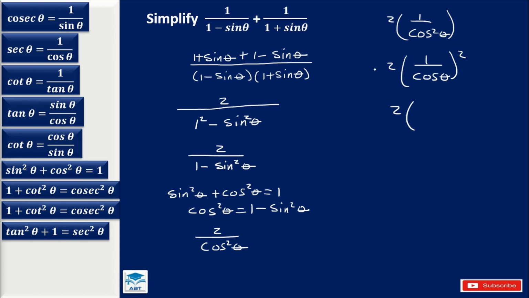But 1 divided by cos theta is sec theta. So we have 2 sec squared theta as the answer.